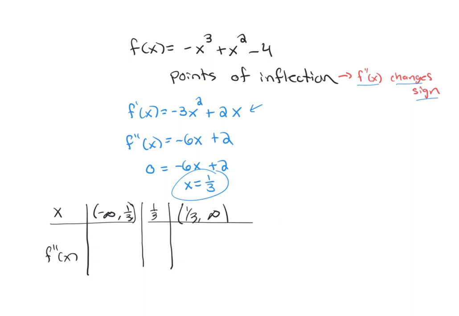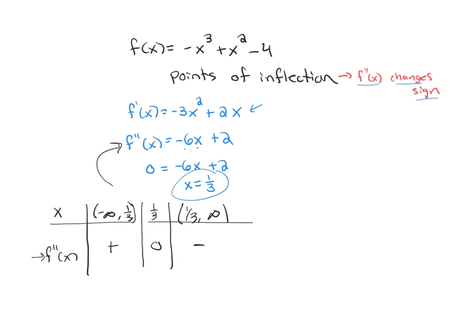Okay, and we're looking at signs of the second derivative, so we'll be plugging in values here. If we plug in a negative number, negative times a negative is a positive. Here it's 0, and then this will be negative.